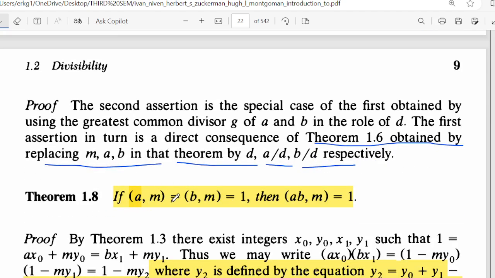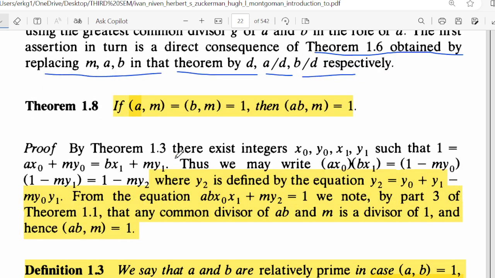Theorem number 1.8. If GCD of a and m is equal to GCD of b and m is equal to 1, then GCD of ab and m is also 1. So we prove this theorem.